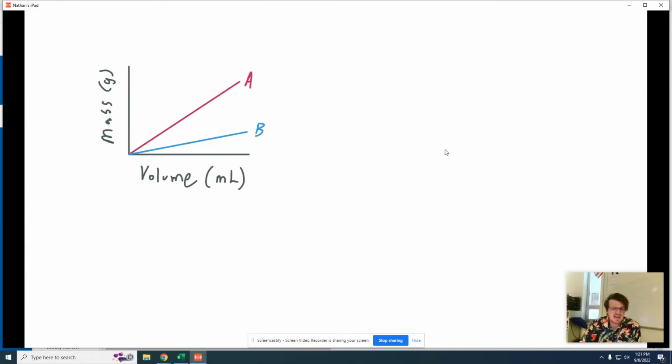The reason that these axes are important is because our whole goal here was to find the slope of both of these lines. So if we think about slope, you've probably been asked or have experienced the word equation for slope before, where we say that slope is always the rise over the run.